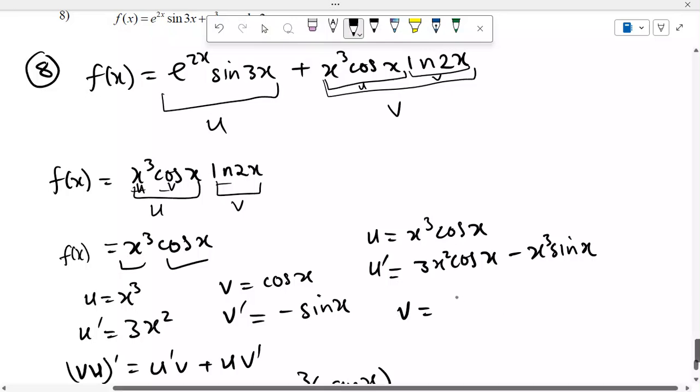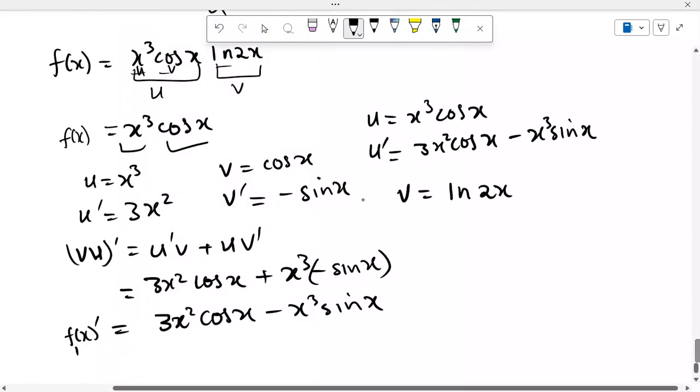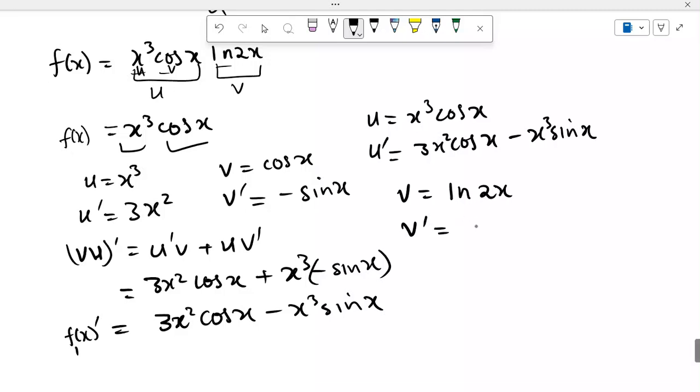Let me write it nicely. Natural log 2x. So v prime: differentiating whatever number is here, as long as it's natural log, is 1 over x. So just know that if it's 20, it will be just 1 over x. The derivative of natural log with any coefficient is just 1 over x.